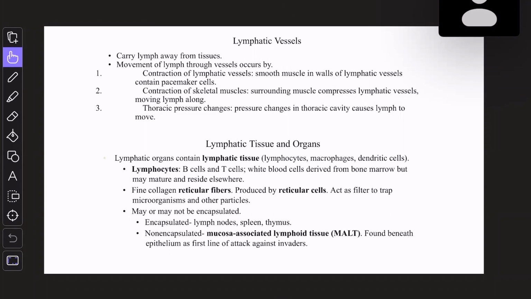So your lymph nodes, your spleen, and your thymus are all encapsulated, meaning that they have a coating around them. They're enclosed by something. And then the MALT lymphoid tissue, which is just beneath the epithelial tissue in your skin, that's not encapsulated. It's just tissue. It's not surrounded by anything, okay? Just need to kind of know what they are, just definitions and stuff.